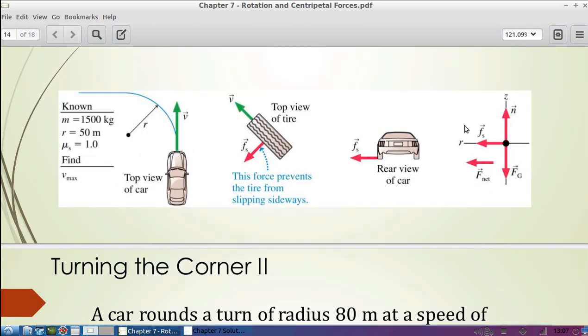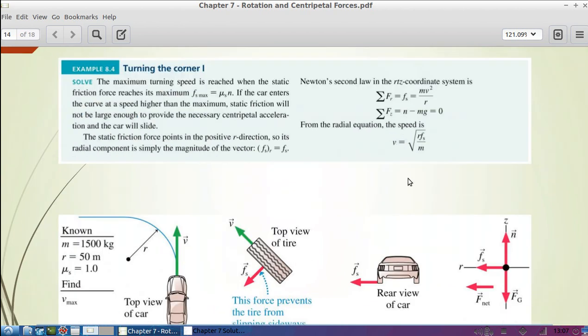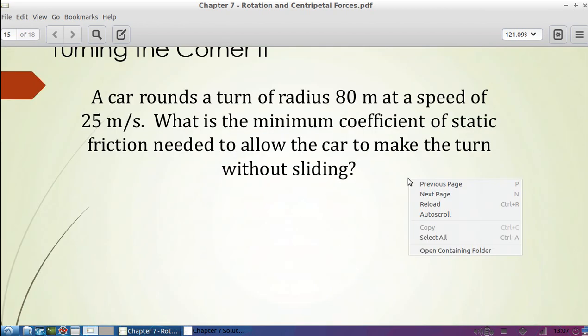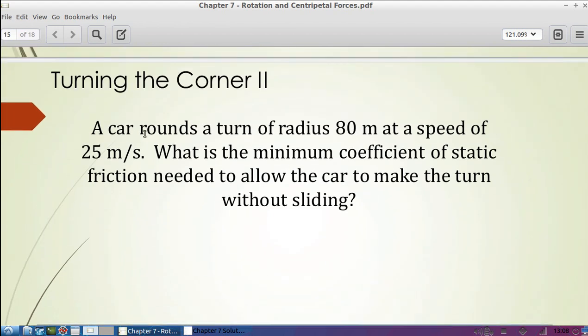So for a level, unbanked curve, this is my free body diagram, and these are my Newton's second law equations that I use to find max velocity. Another thing we could do is have a radius and a velocity, and look for the minimum coefficient of friction.